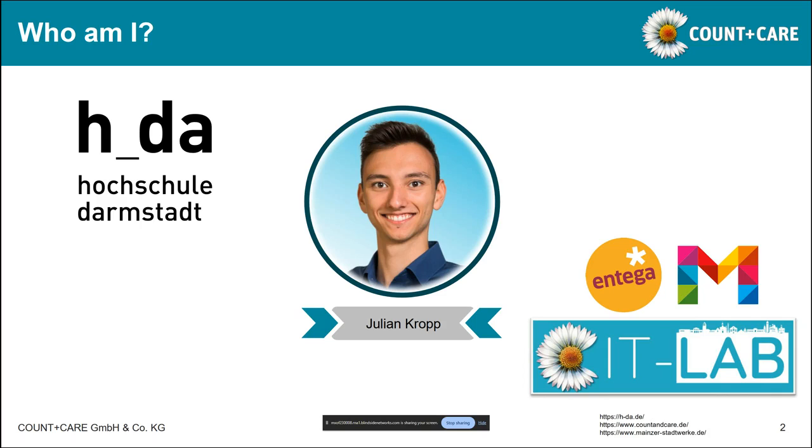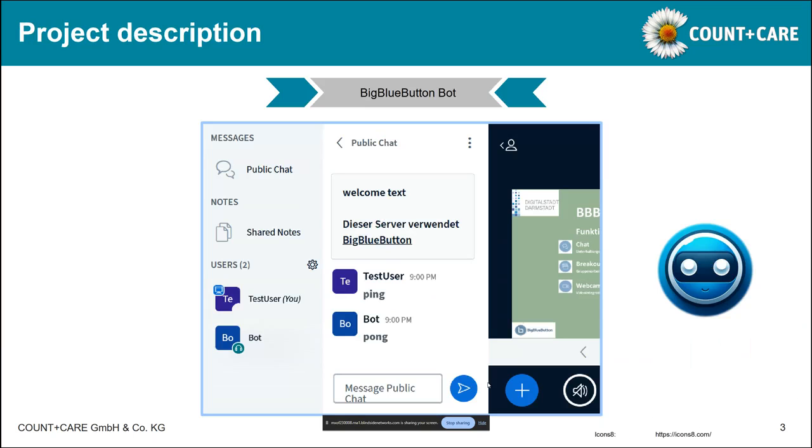And today I want to present to you my BigBlueButton-Bot, which I did. What's a bot? A bot is like a normal user, and we don't have bots in BigBlueButton yet. So I started implementing something like this.